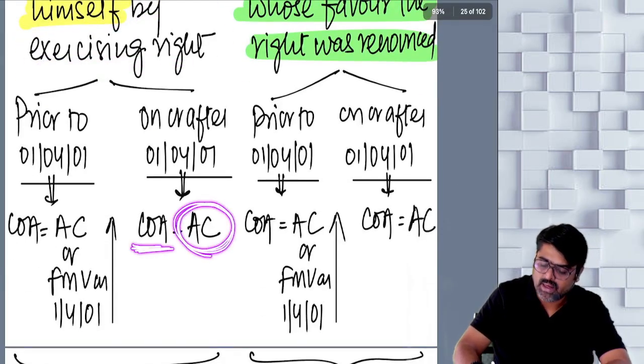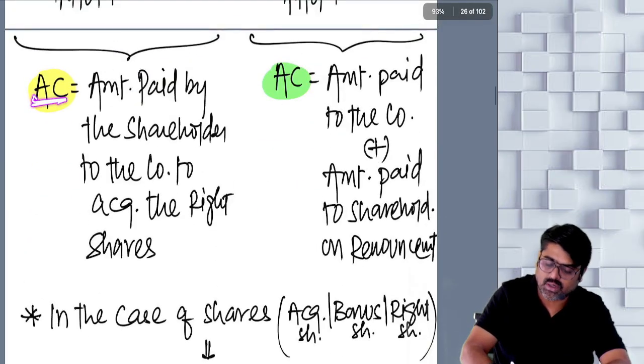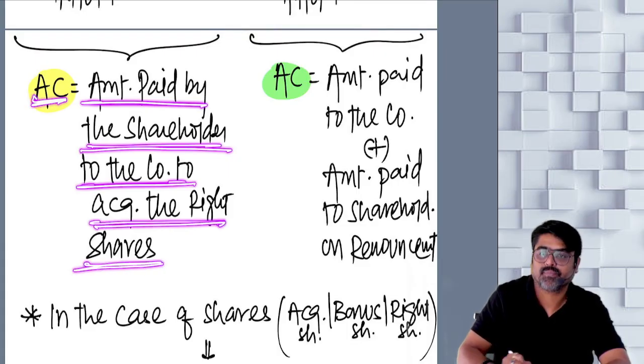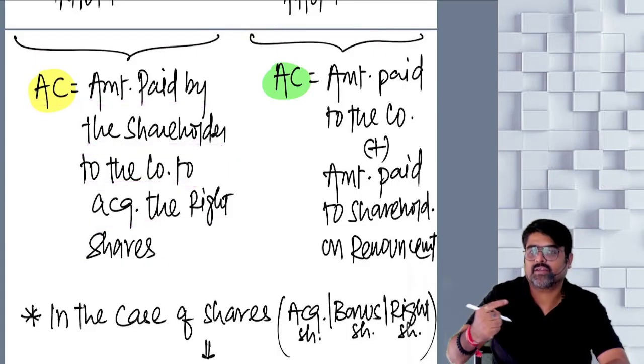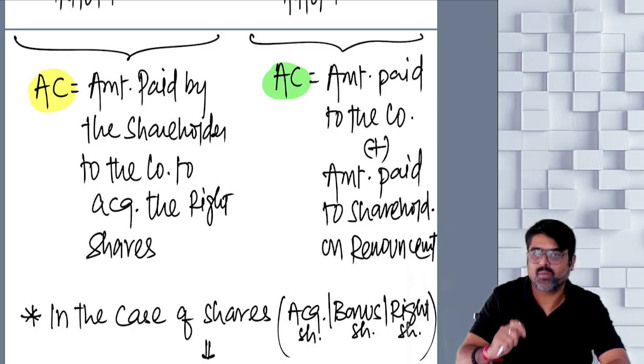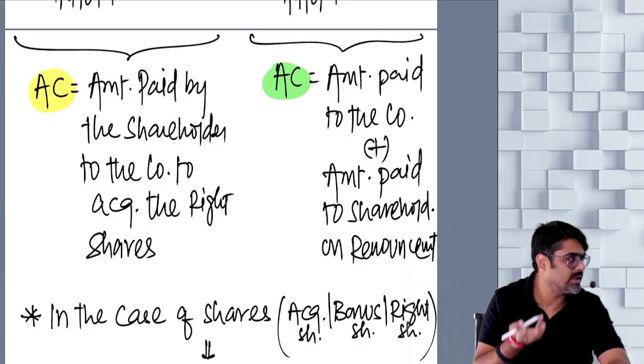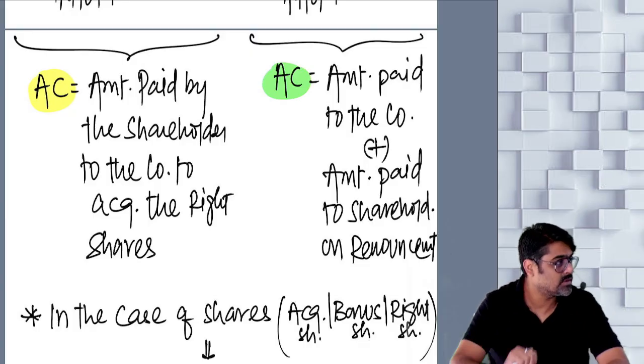It will be actual cost. Sir, what is actual cost? Amount paid by the shareholder to the company to acquire the shares. So when you will exercise the right to buy the right shares, how much amount you are going to give to the company? 200. That 200 which you are giving to the company will become your actual cost, and that is nothing but your cost of acquisition.